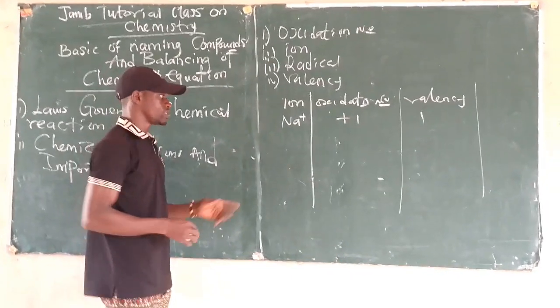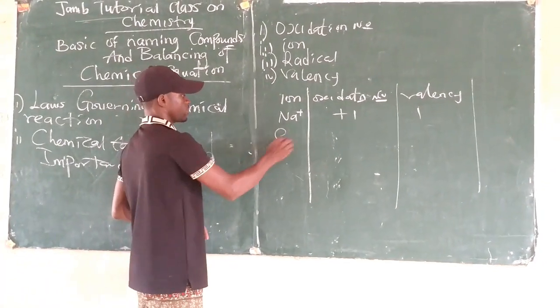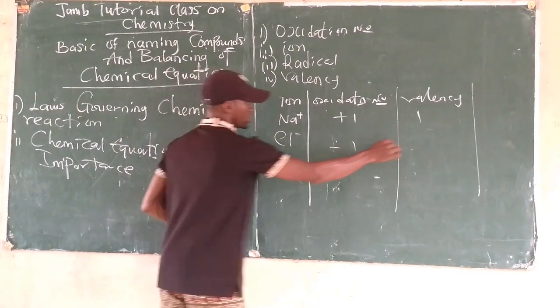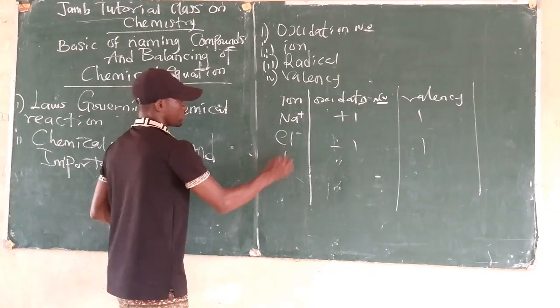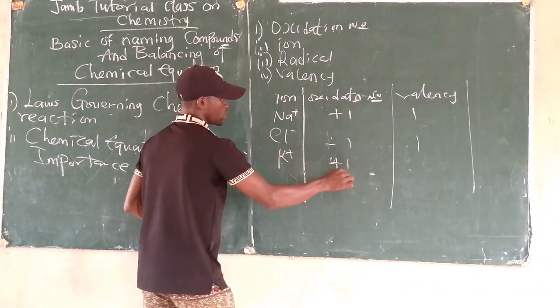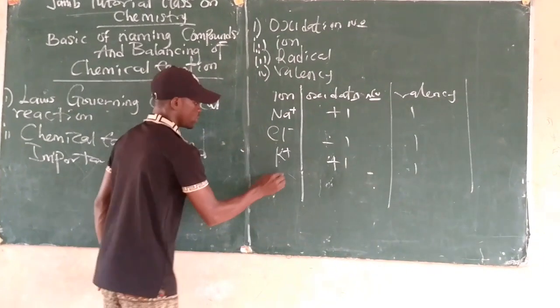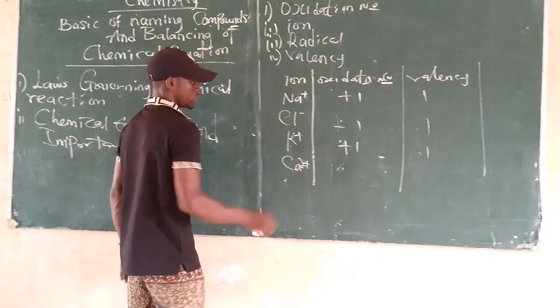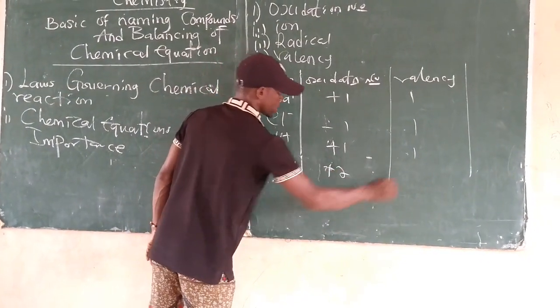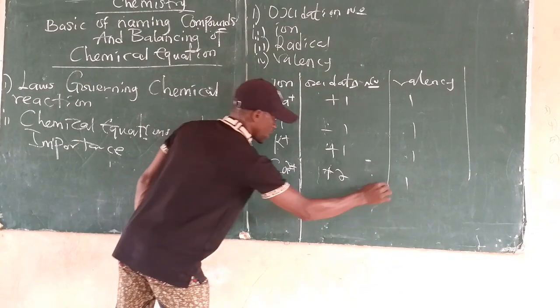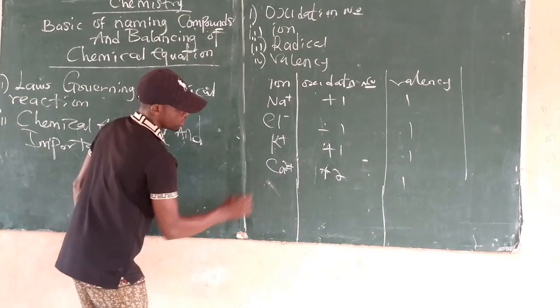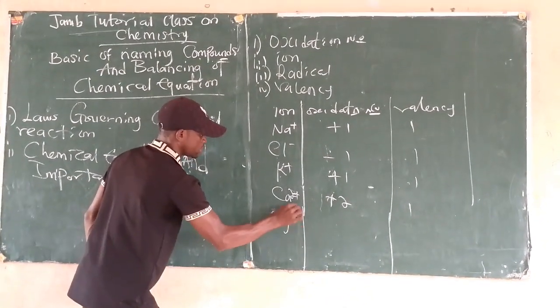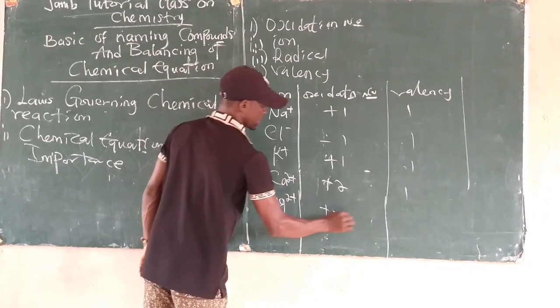Now the next one, we also have the ion Cl-, which is -1 and 1. We also have K+, which is +1 and 1. We also have Ca2+, which is +2 and 2. We also have Mg2+, which is +2 and 2.